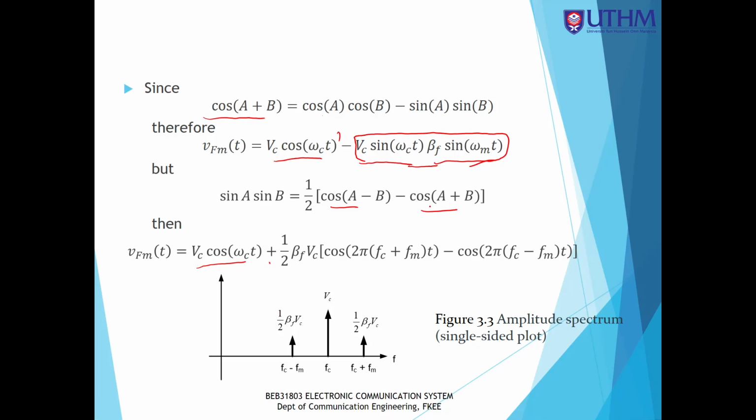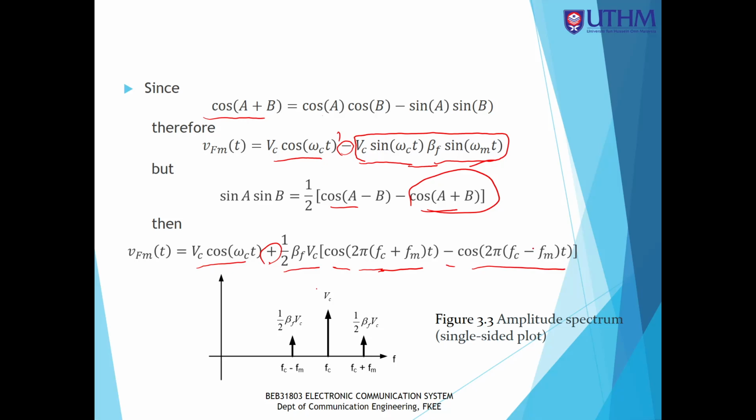So that means this A plus B will be in front. So 1 over 2 beta_f Vc cos 2 pi upper sideband. Since minus and minus become plus, we put plus over here. So for the upper sideband, 1 over 2 beta_f Vc cos 2 pi (fc plus fm)t, minus the lower sideband.